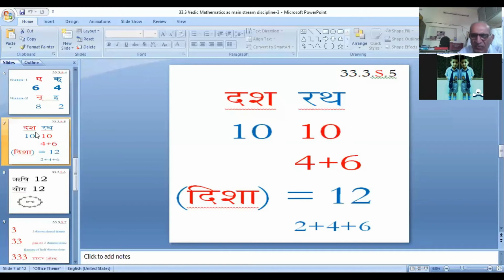And see, the TC value 12 in the background of TC value 10 becomes 2 plus 4 plus 6. Now see, disha means a direction. Now here we have a 10 directional frame within 3 space.